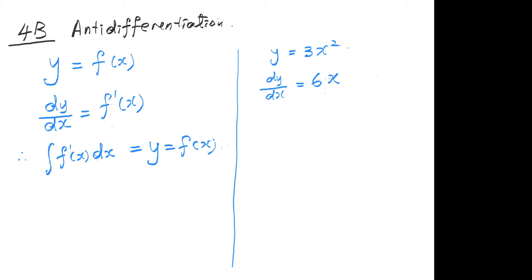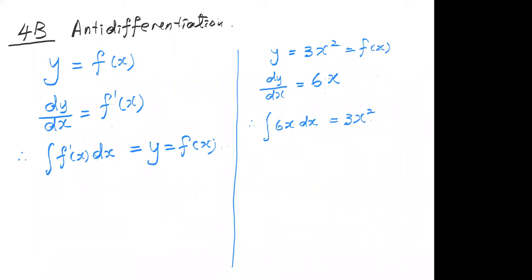Therefore, I don't have to know integration. I can say that if I integrate 6x with respect to x, I will get back my 3x squared. This is your f(x). So I'm using the concept of antiderivative. So I put a plus c.